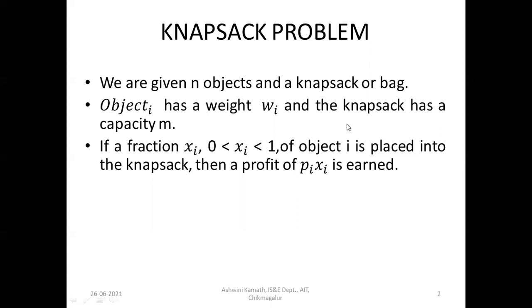Whatever the profit for 10 kg is, that will be earned, Pi into Xi. For each unit, for example, if it is $1 or 1 rupee for each 1 kg, then 10 rupees will be earned for 10 kg. If it is 12 kg, 12 rupees will be earned. It is like that. So Pi Xi will be earned.